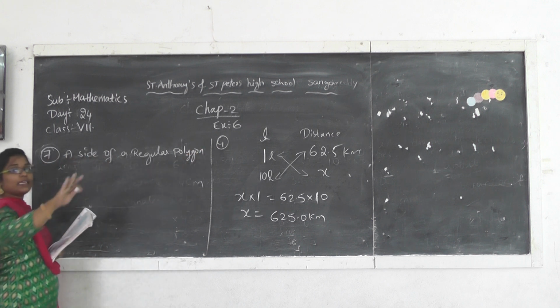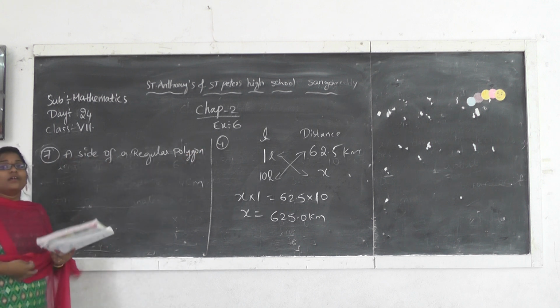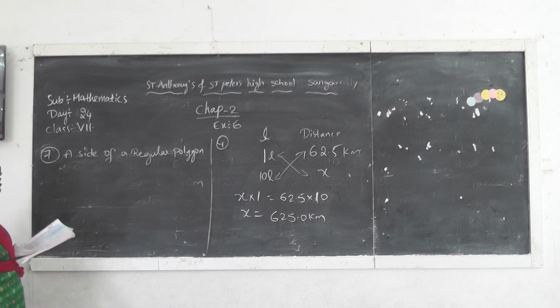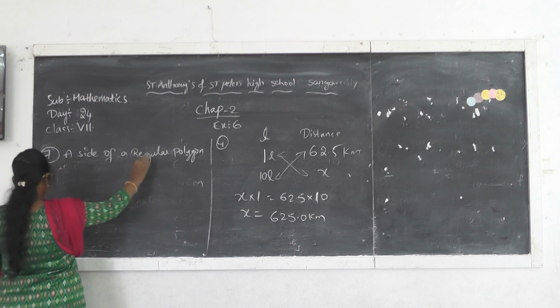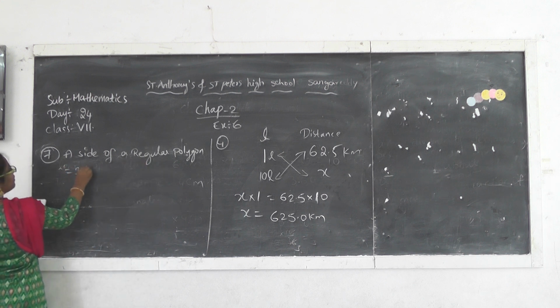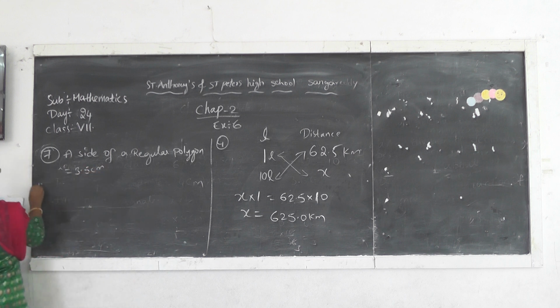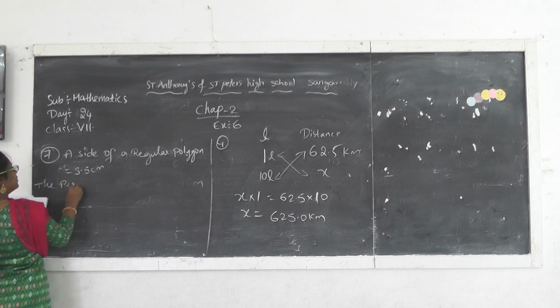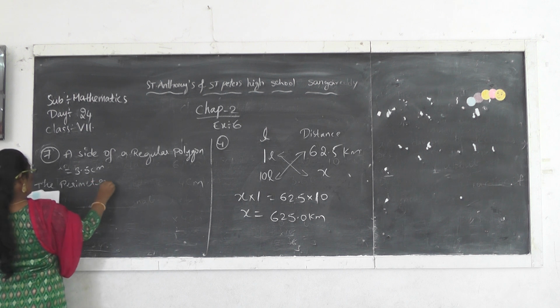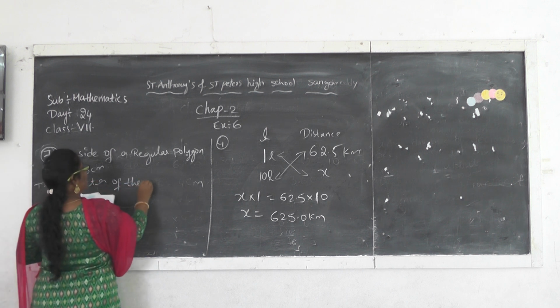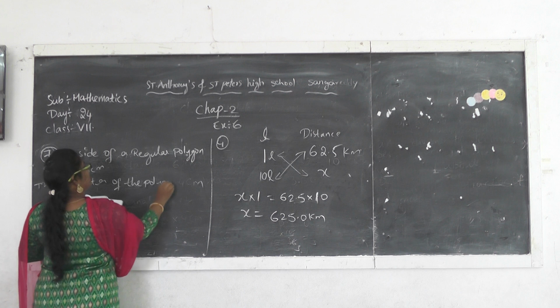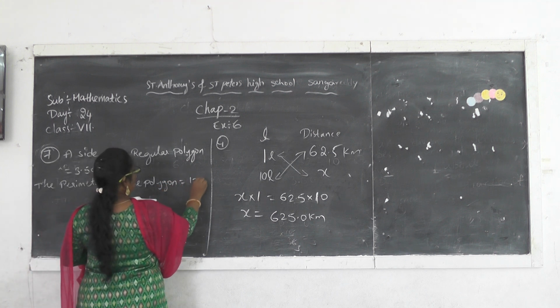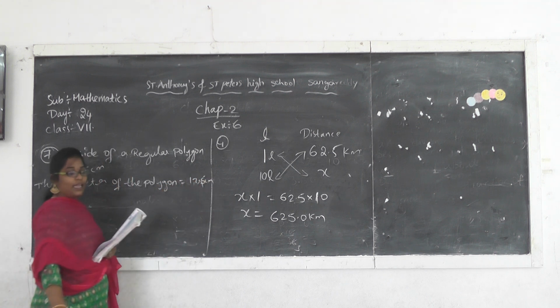That means it has an equal number of sides with equal measurements. So a side of a regular polygon equals 3.5 centimeters. The perimeter of the polygon equals 17.5 centimeters.